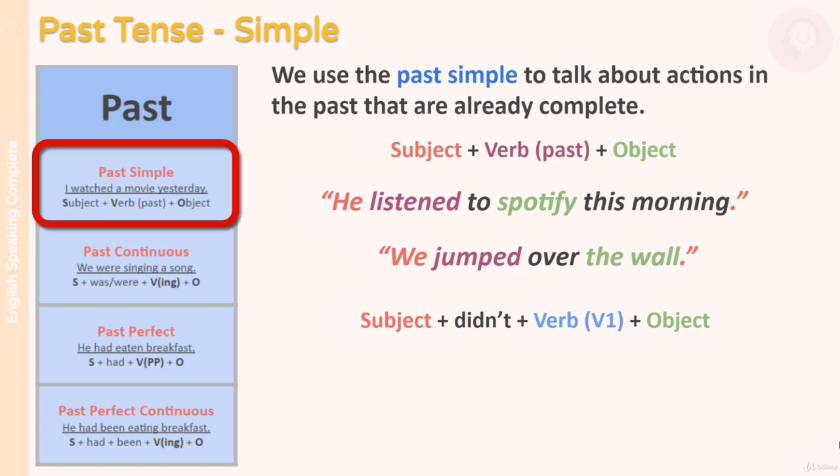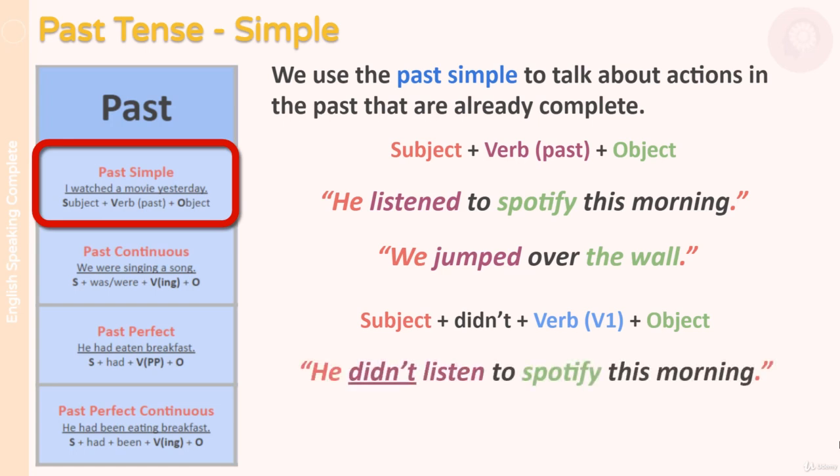Subject plus didn't, and then remember to use the simple verb form, V1. We don't need to add ed or change to the past tense. Then add the object. Here's an example. He didn't listen to Spotify this morning.